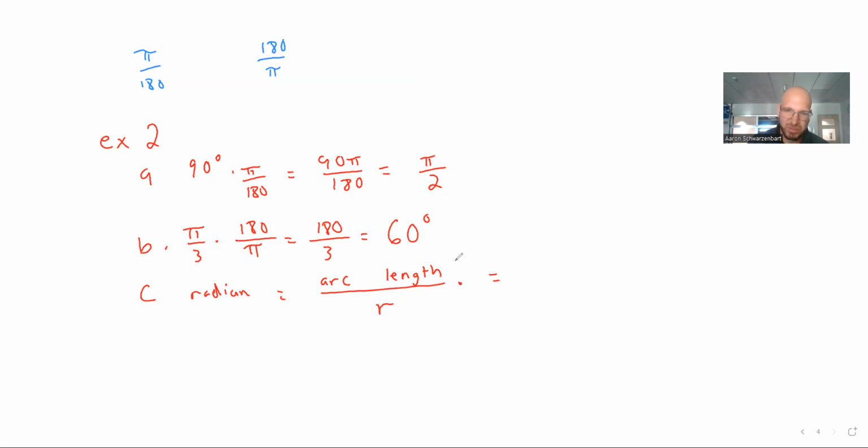So 1/2 equals S, which is what we're going to use for arc length, over the radius, 5. So 2.5, multiply both sides by 5. 2.5 is my length.